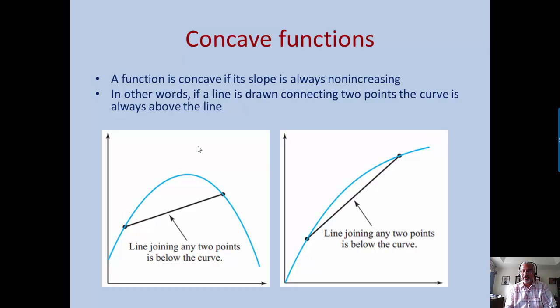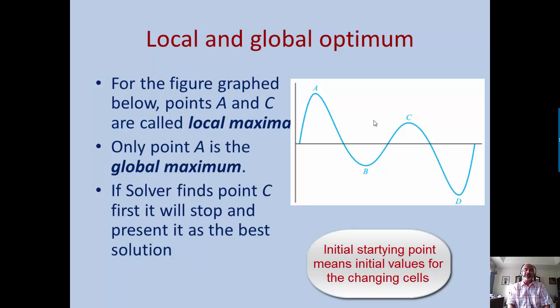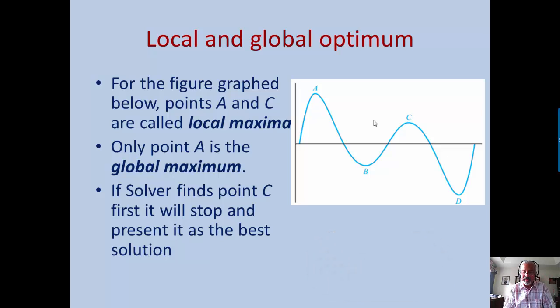When you have a situation like this where it is not concave or convex, then you have to try different initial solutions, gather all the final solutions you got from the different initial starting points, and then select the one that is best. That way you can be sure that you got the global maximum or a global minimum. There is no 100% guarantee, but you can do that.